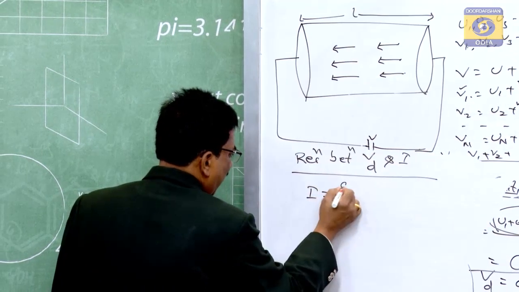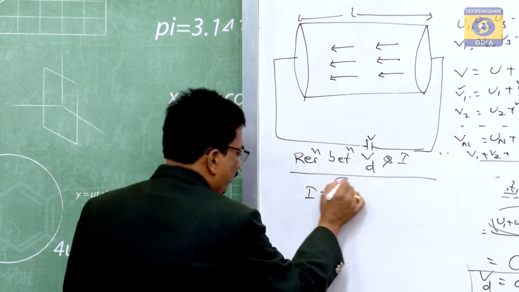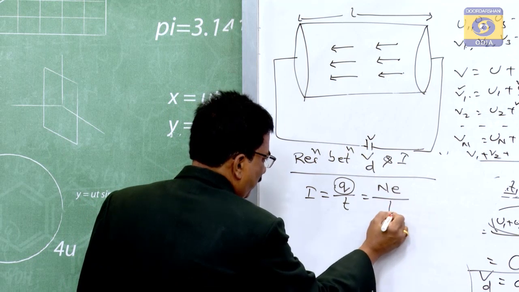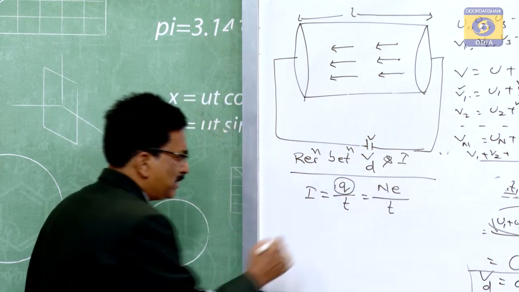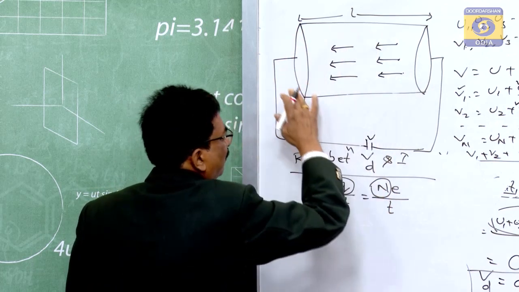You know the current I is equal to q by t, and this q is the charge, equal to N e, so I is N e by t. Clear, students? Here N is the total number of electrons.